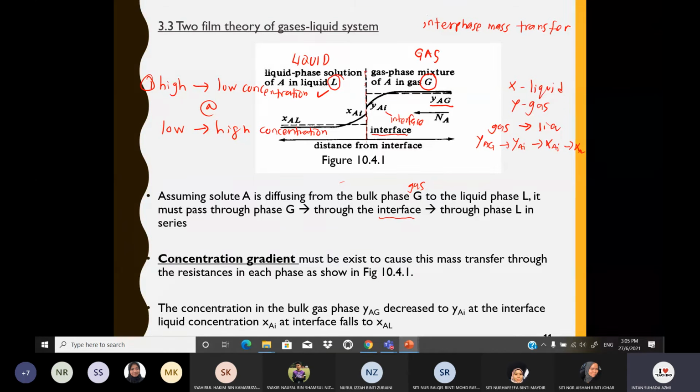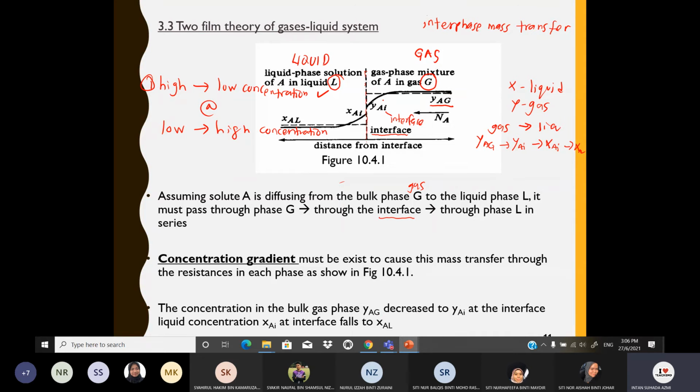So the concentration in the bulk gas phase decreases as it diffuses. At YAG we have high concentration, since it will move from high to low. The concentration in the bulk phase YAG decreases to YAI at the interface.